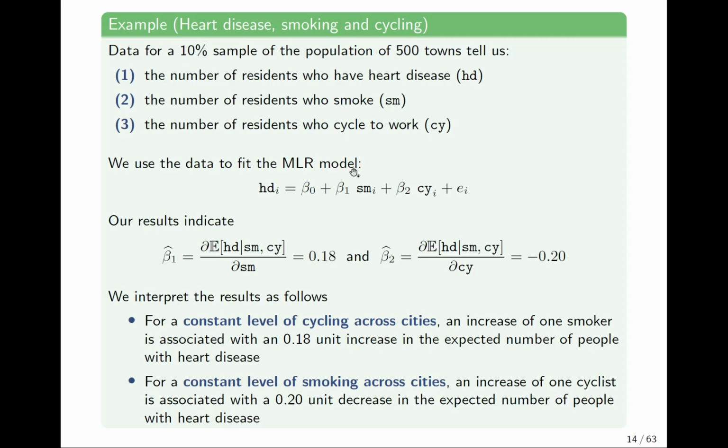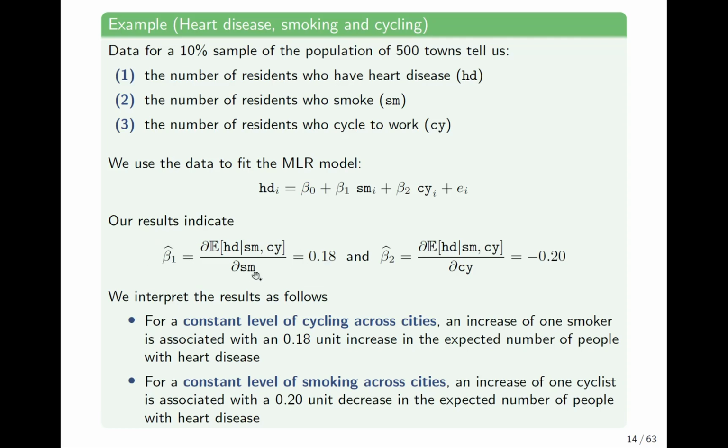So we use the data to fit a multiple linear regression model. Heart disease is the dependent variable, smoking is one independent variable, and cycling is the other. We estimate this model, and the results tell us that our estimate of beta 1 is 0.18.